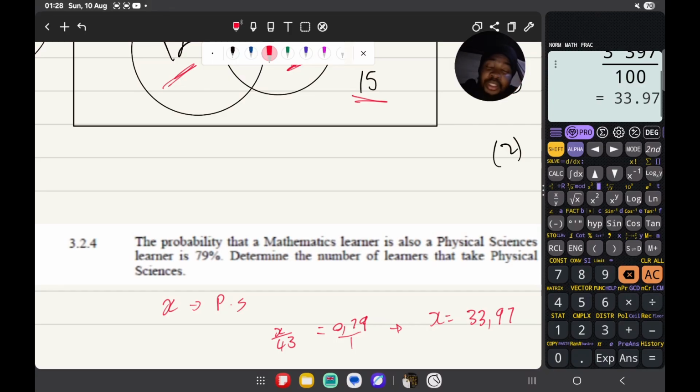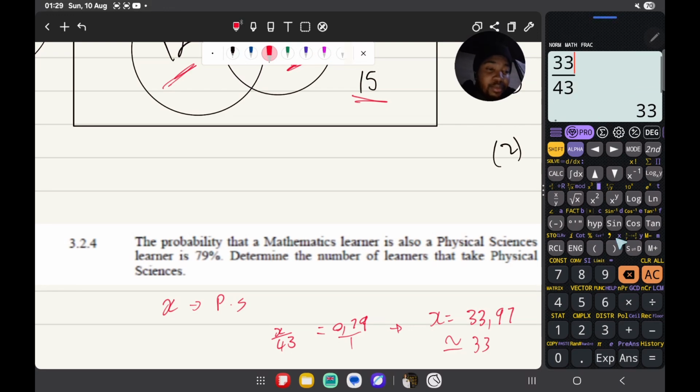This is where it becomes a bit challenging. It's not a big issue, but when we are talking about people, we don't have decimal people. We either have 33 learners or 34 learners. So which one is it going to be? There's a rule that when you're talking about people, you always round down instead of rounding up. So that means we would say 33. Let me see, 33 divided by 43 gives 76.